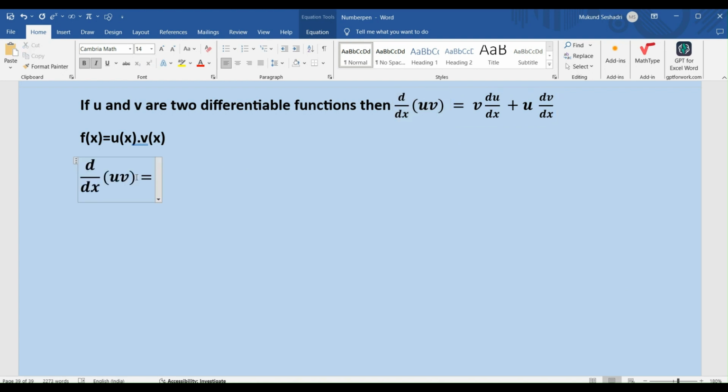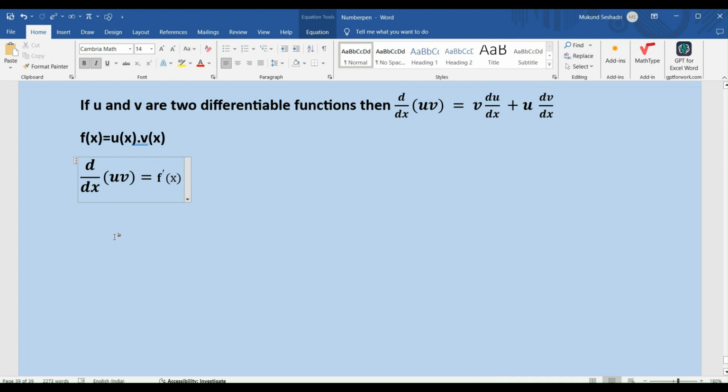And my f dashed of x is written like this, right? And so my f dashed of x is written like this, right?